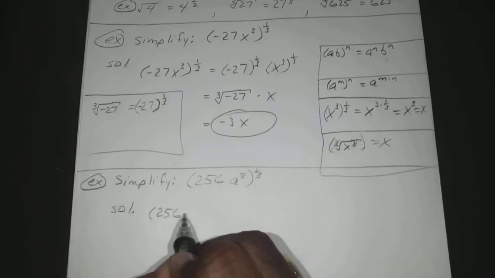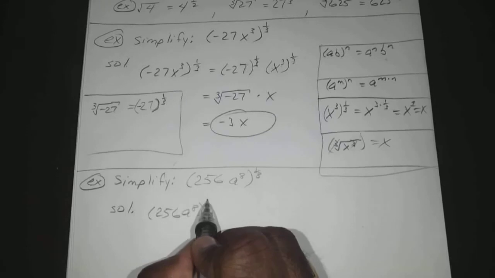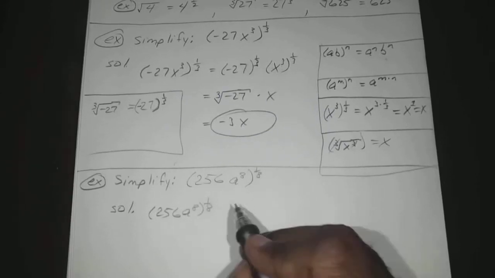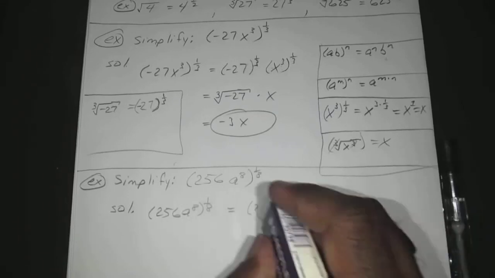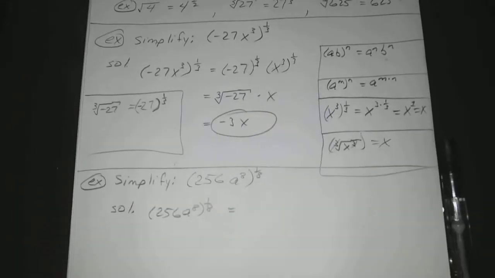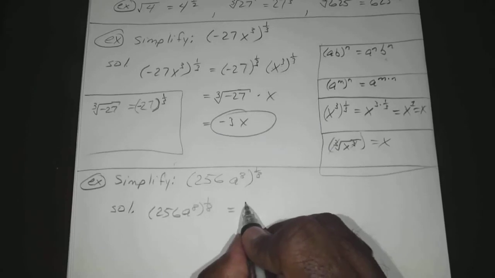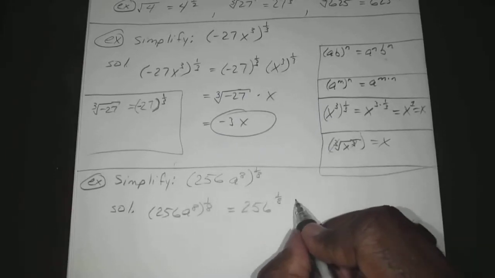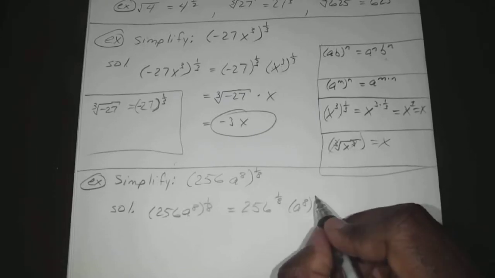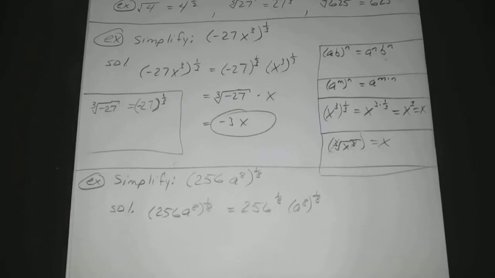So 256 a to the 8th to the 1/8 power is just going to equal 256 to the 1/8 power times a to the 8th to the 1/8 power.